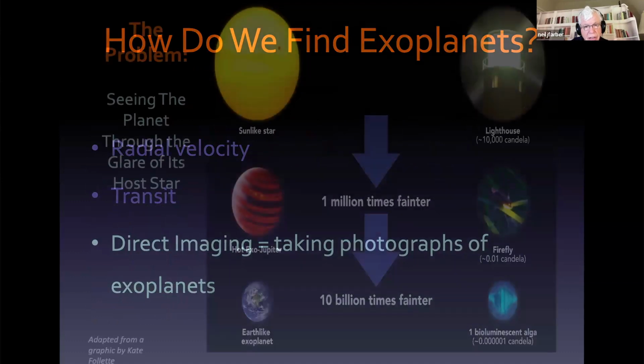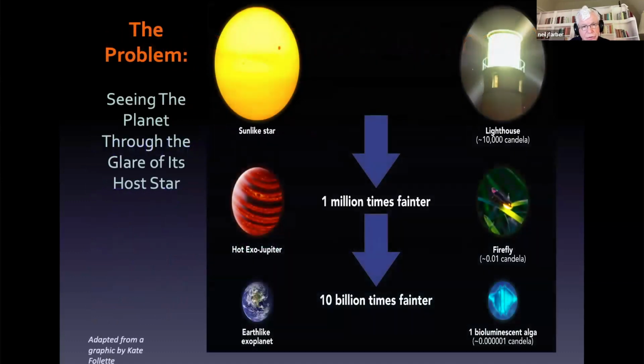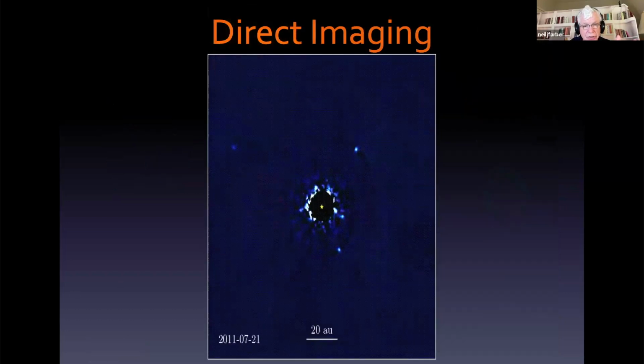And just to point out, actually seeing exoplanets is very difficult because they orbit the star, and it's anywhere from 1,000,000 times to up to 10 billion times fainter looking for the exoplanet compared to the star. But it actually can be done with the coronagraph, which, for example, the James Webb Space Telescope has.